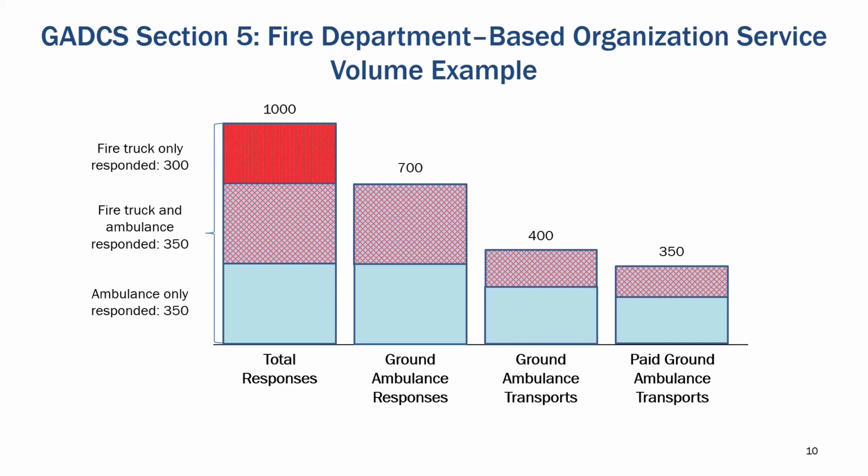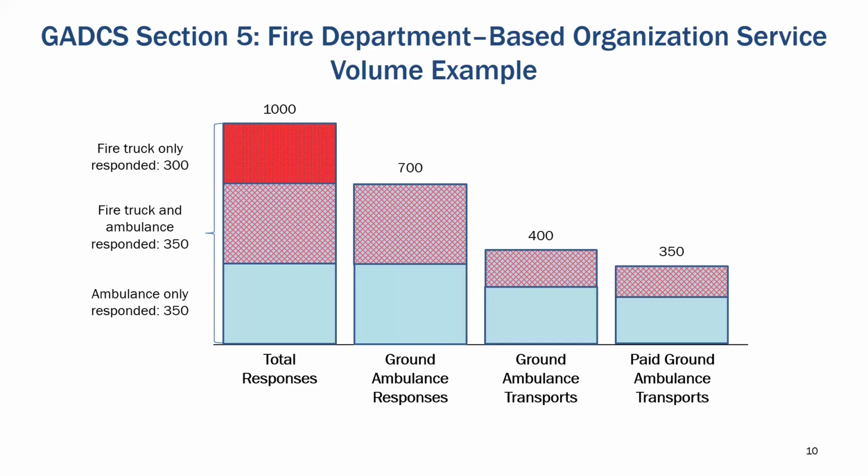Section 5, question 1 asks for your organization's total responses, including responses with and without a ground ambulance. This hypothetical organization had 300 responses where only a fire truck was deployed, 350 responses where both an ambulance and fire truck were deployed, and 350 responses where just an ambulance was deployed.